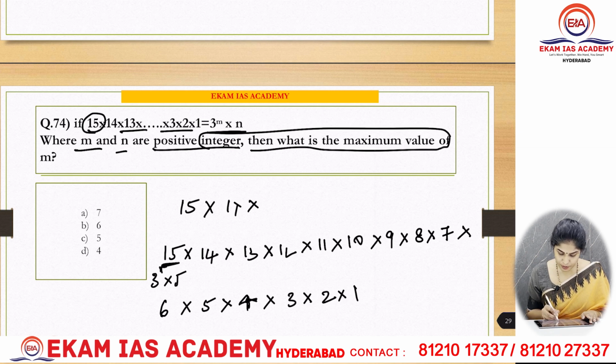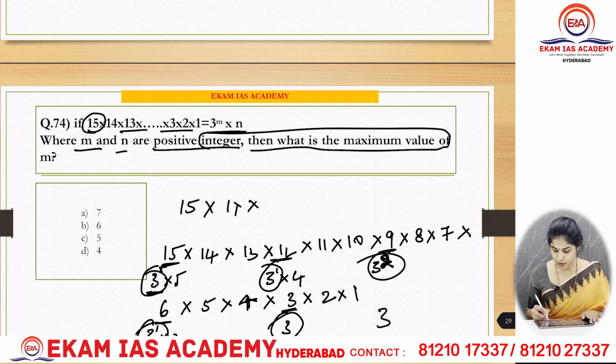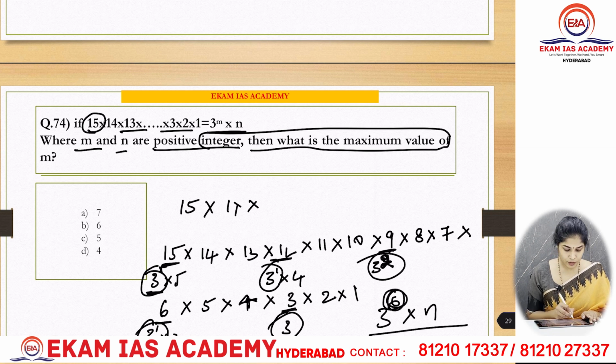Here 3 power 1 into 4, here 3 power 2, right? Here 3 power 1 into 2. Here 3 we can write. How many 3's are we getting? 1, 2, 4, 5, 6. So, 3 power 6 into n. So, the m value is 6. So, B is the right answer.